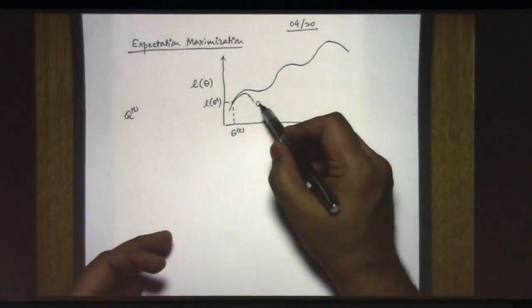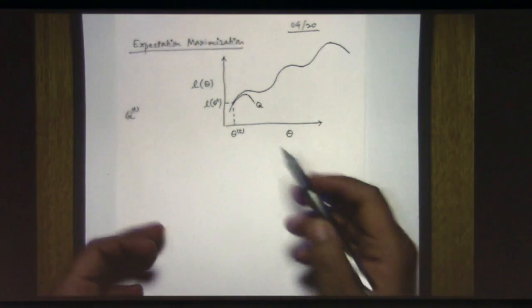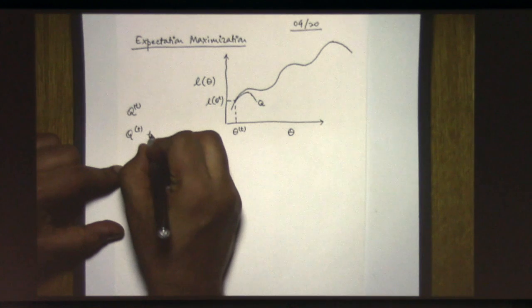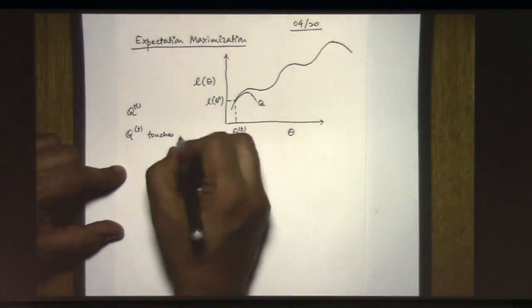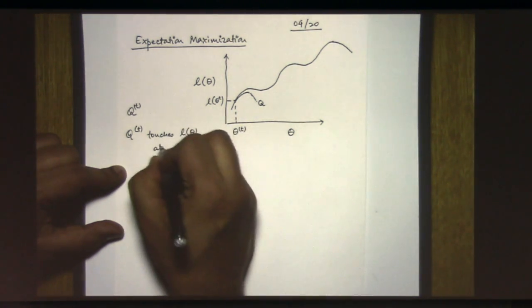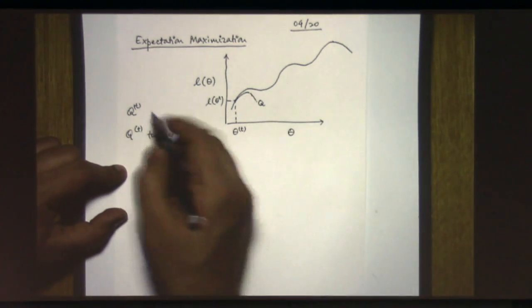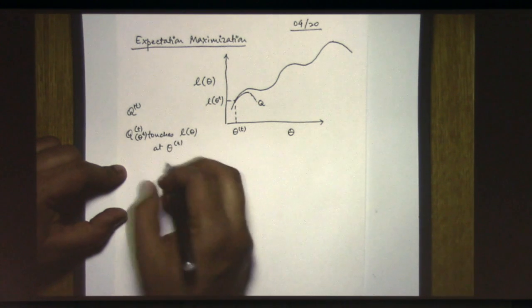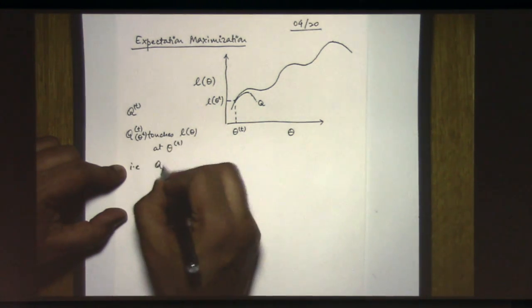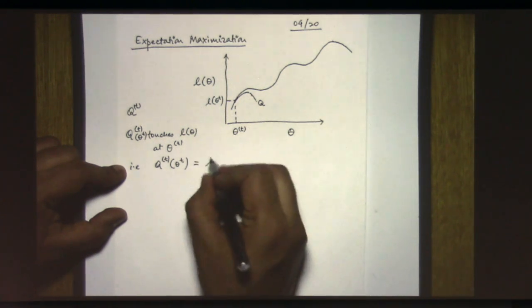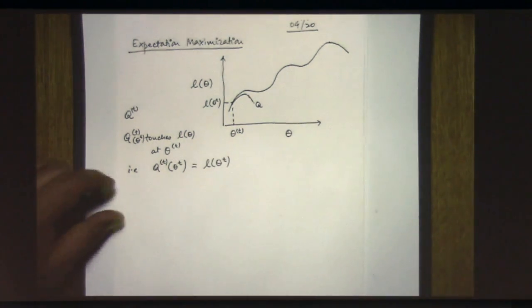The property of q is that q of t touches L of theta at theta t, which means that q at time t of theta t is equal to L of theta t.